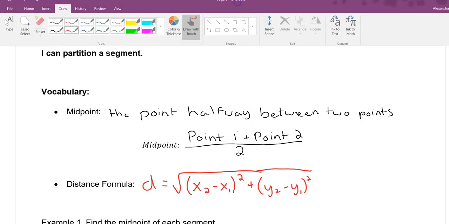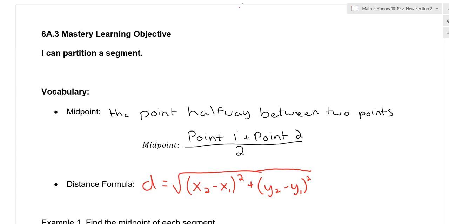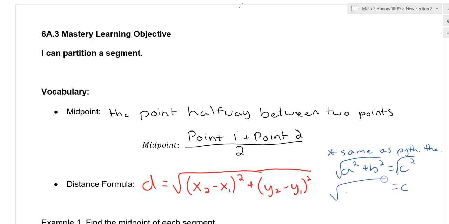How I always think of distance, I never really use the distance formula when I have the point coordinates. I just use, it's really the same as Pythagorean theorem. If you think about a squared plus b squared equals c squared, and we're solving for c, c equals the square root of a squared plus b squared.